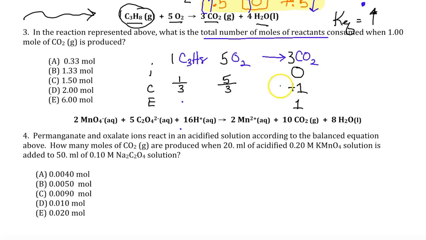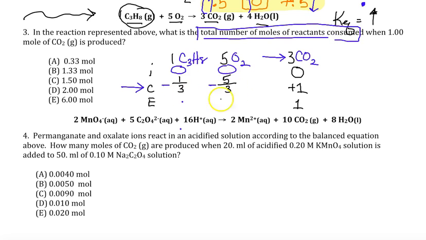Okay? And of course, that's going to be the change. Okay? And what do you have here? We do not know what the initial values are, but we have the change. That's clearly the change. This is -1/3, minus. You're losing it to make the products. What were they asking? The total number of moles of reactants consumed.